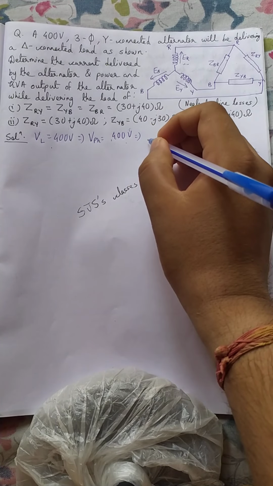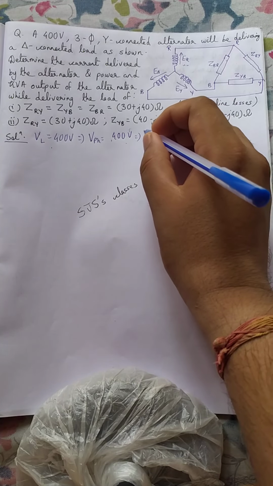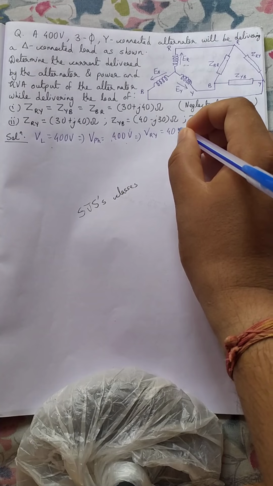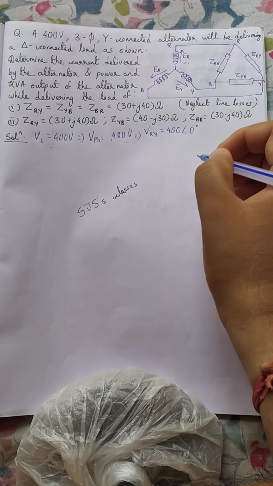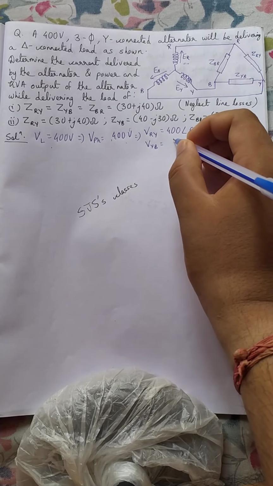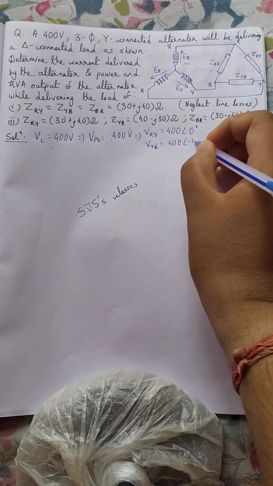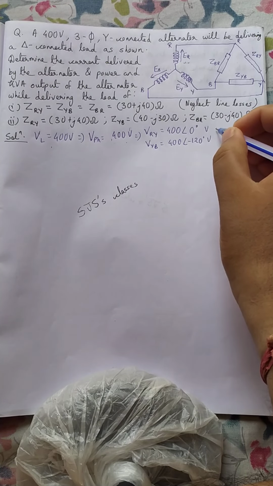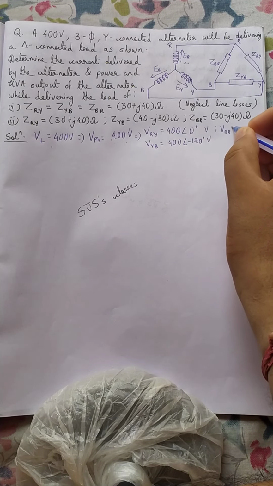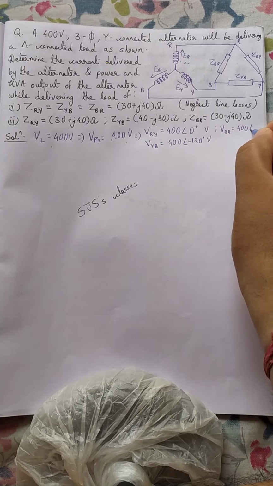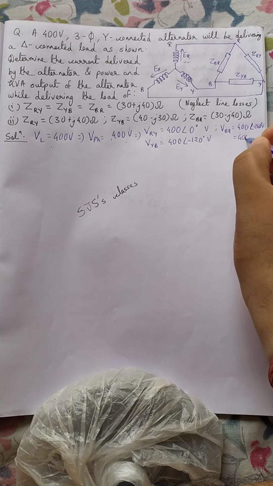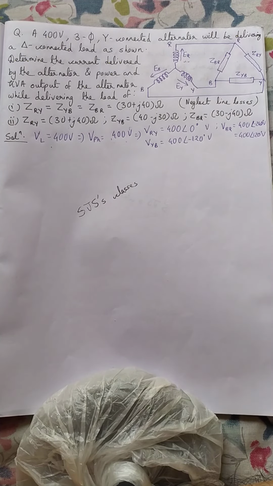So VRY will be equal to 400 angle 0 degree, VYB equal to 400 angle minus 120 degree, and VBR will be equal to 400 angle minus 240 degree volt, or that is equal to 400 angle 120 degree volt.